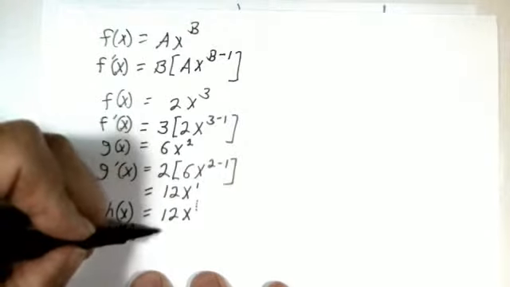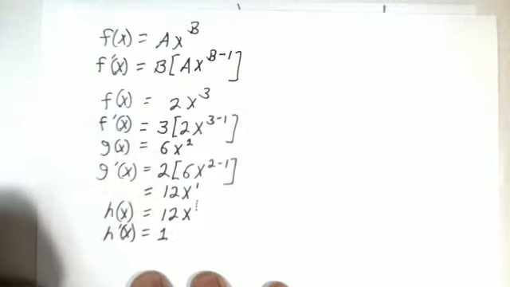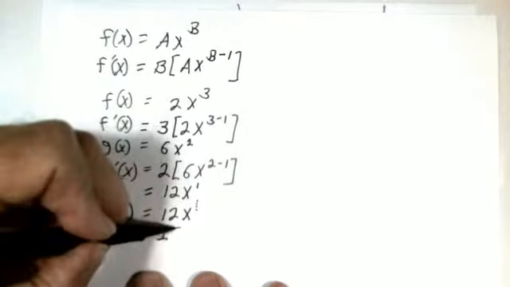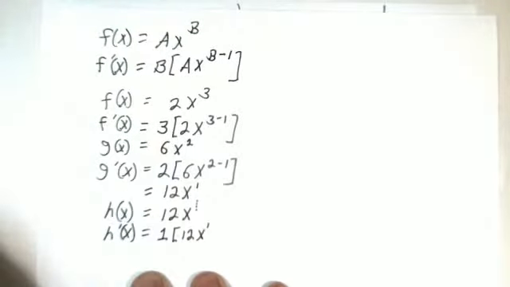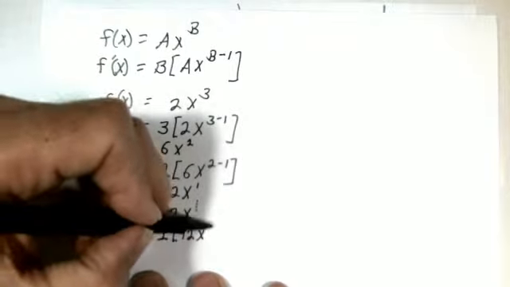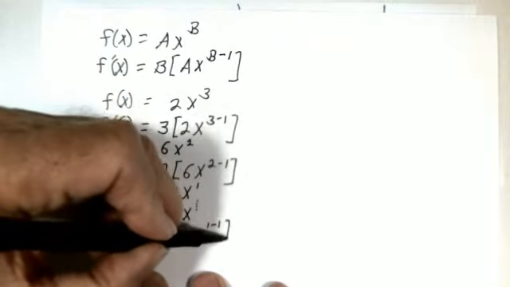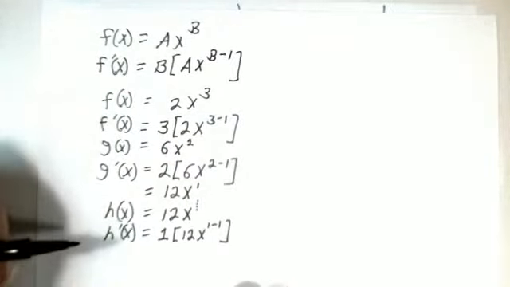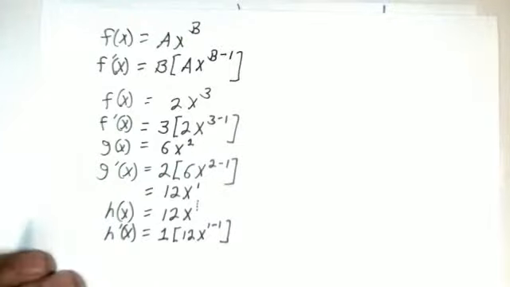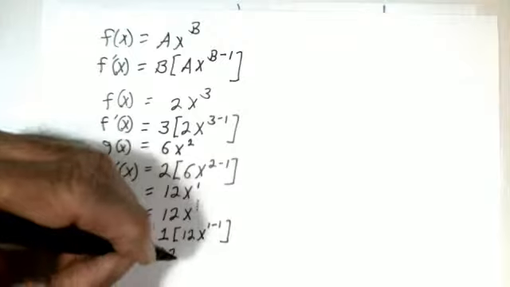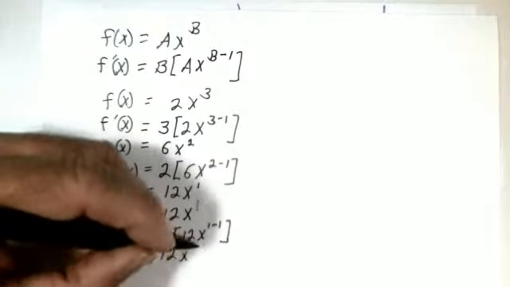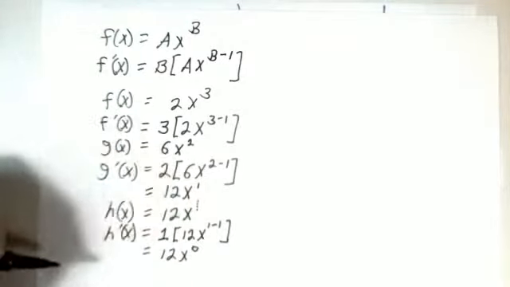So step 1, you write down the exponent, which is 1. Step 2, you copy down everything that's there, 12x to the 1. Step 3, you subtract 1 from the exponent. And then, of course, step 4, which is really just the algebra, you clean that thing up. So 1 times 12 is 12 times x to the 1 minus 1 would be x to the 0.